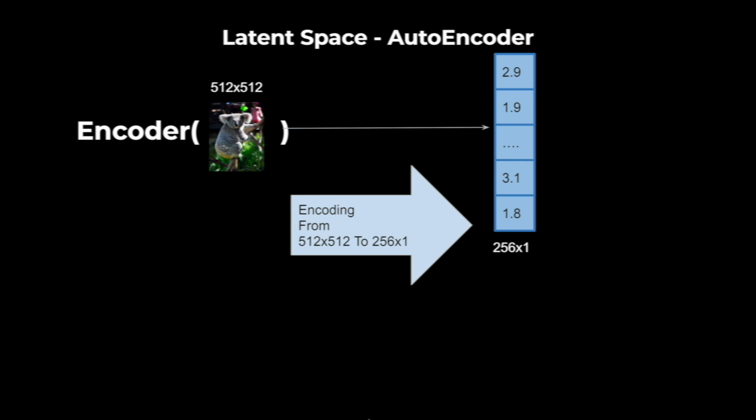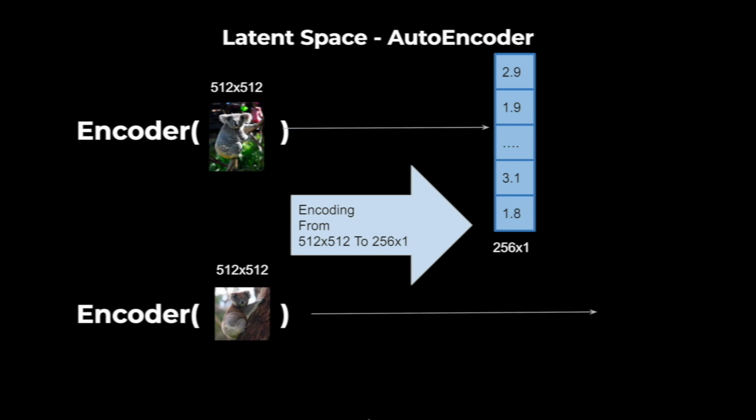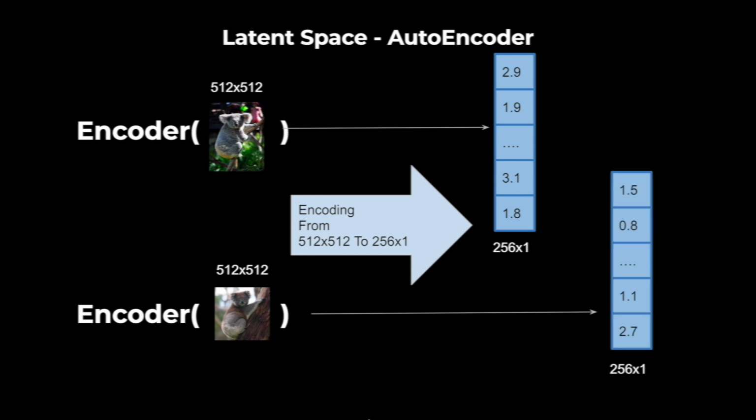Similar to the first image, we also have another image which is quite similar to the first one, and by encoding this image from 512 by 512 to 256 by 1 latent space, we generate these embeddings or these latent vectors. As you can see, these values are not uniform within a range. Instead, they have their own encoded range. And this is the first problem.